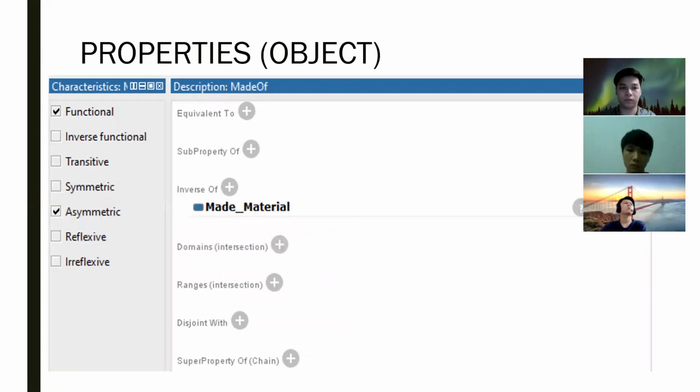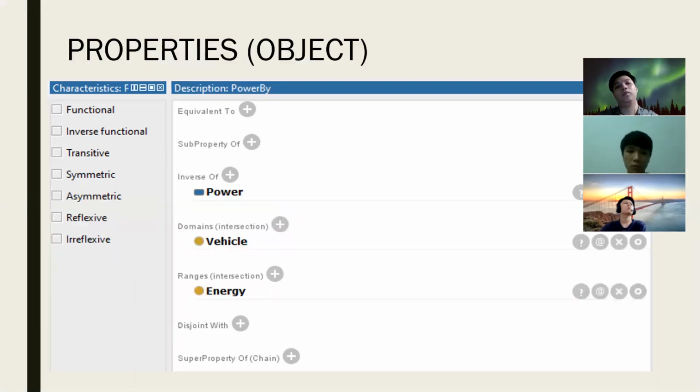The third object property will be made of. It is to define what material the vehicle is made of. The characteristic of this property is asymmetric because a vehicle is made of material, but the material doesn't relate to the vehicle.